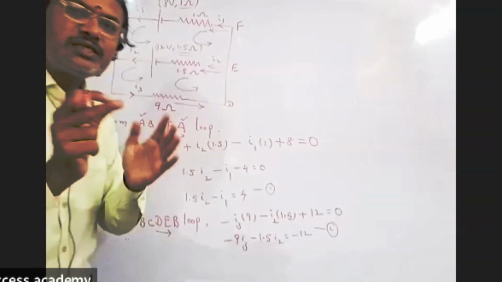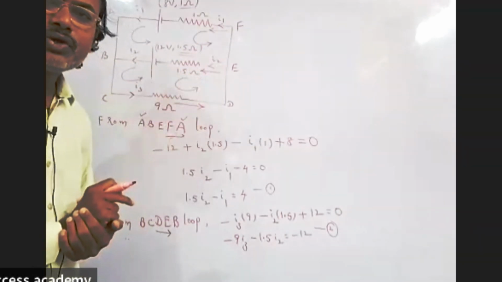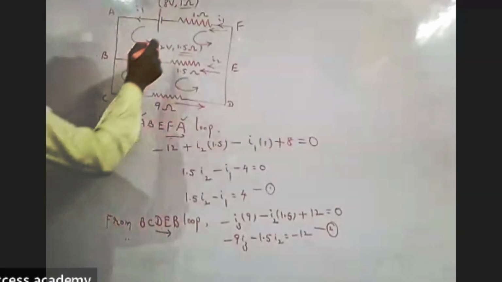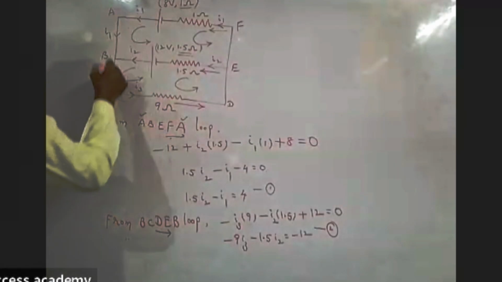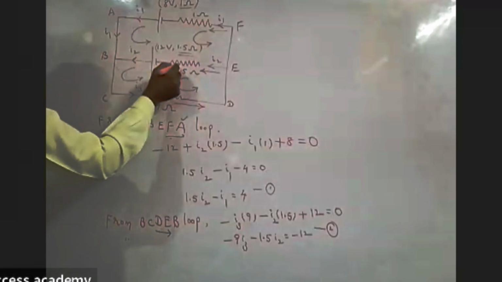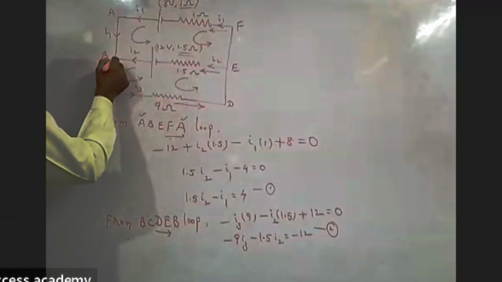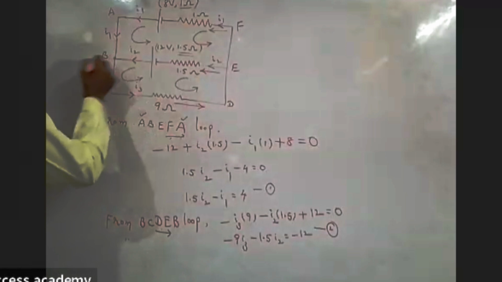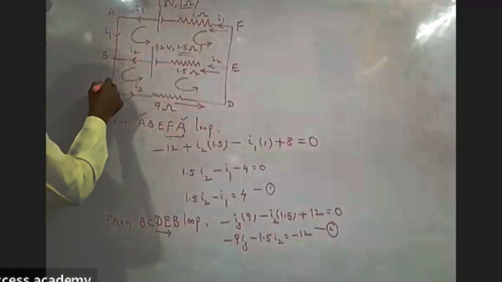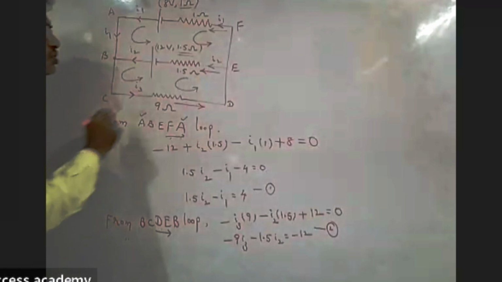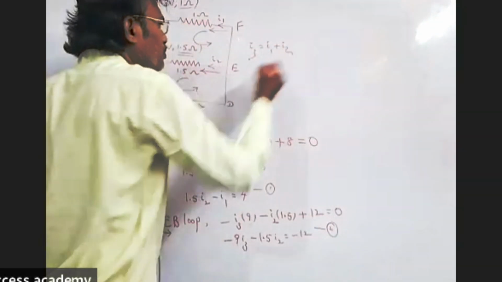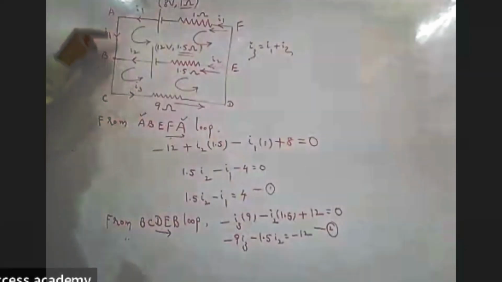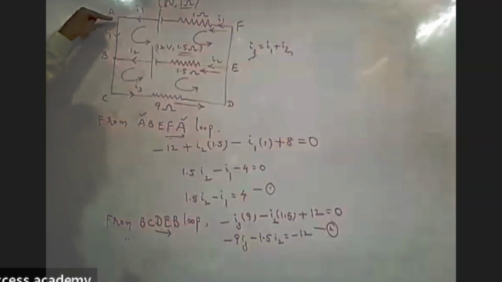For that purpose, go to the diagram again. Observe carefully. I1 is coming from here, and I2 is coming from here, and both I1 and I2 meet at this point B, and both will go out as I3. Observe the AB branch, I1 is coming.